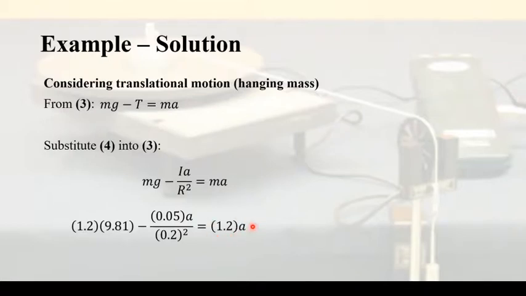Remember, don't use the wrong M. You formed equation 3 based on the hanging block, so this M is the mass of the hanging block. You don't substitute the wrong M here. Then you just calculate A. You substitute everything into the equation and rearrange it. At the end, you obtain A equals 4.8 meters per second squared.